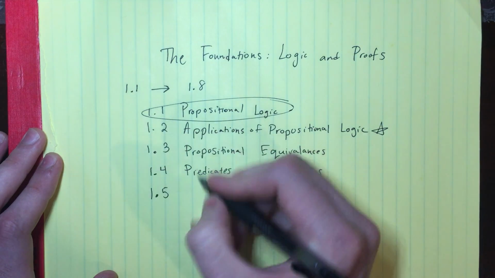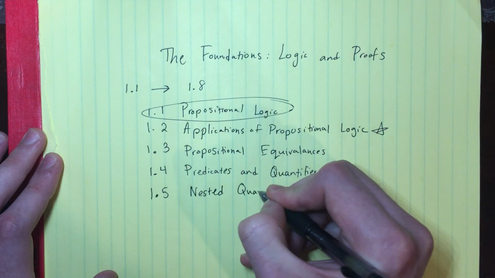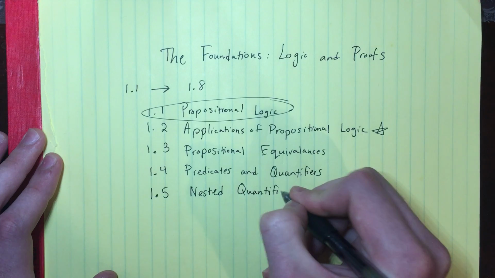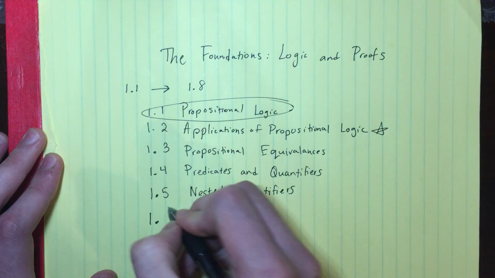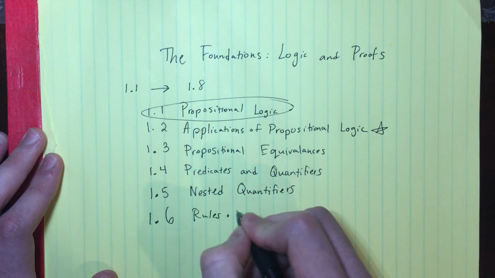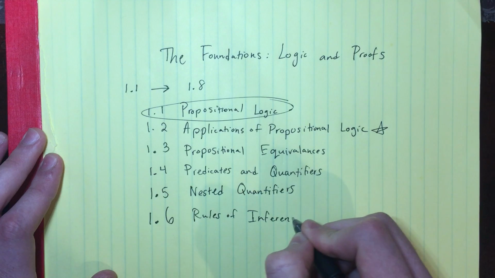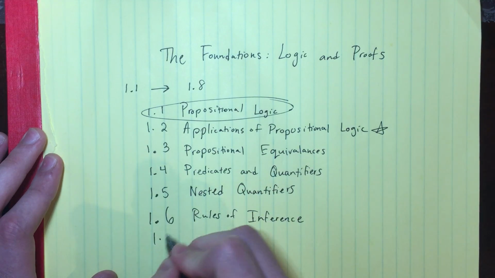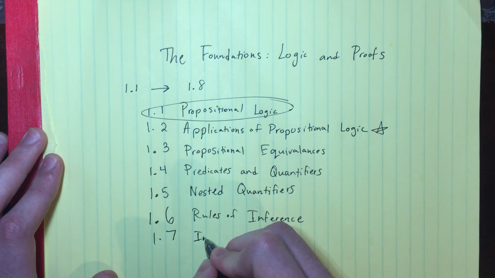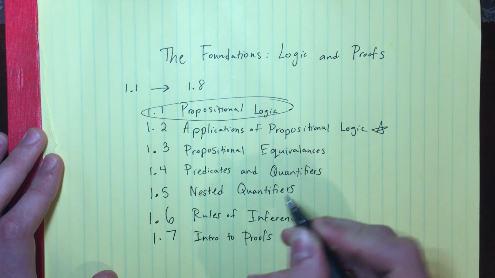1.5 is Nested Quantifiers. 1.6 is Rules of Inference. 1.7 is Intro to Proofs. We go over the types of proofs.